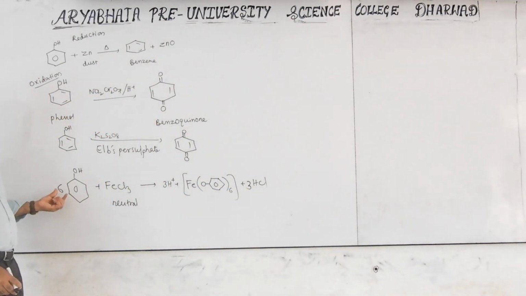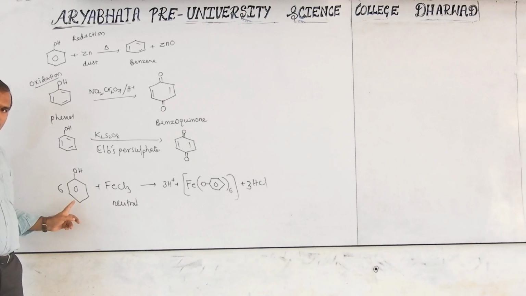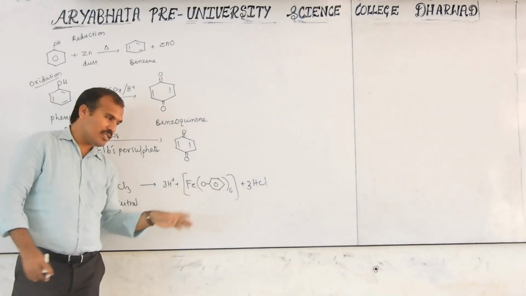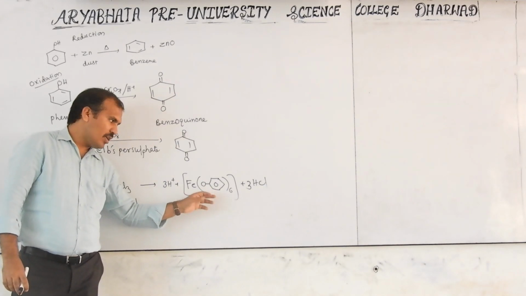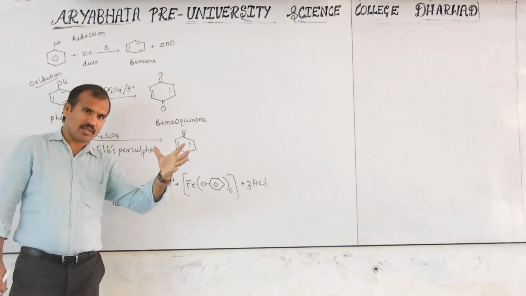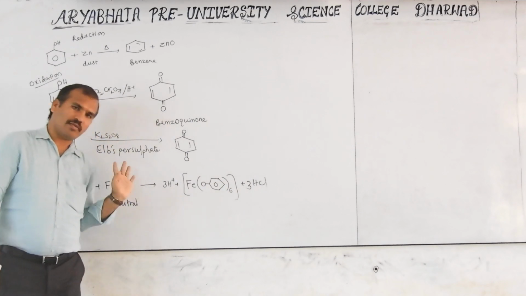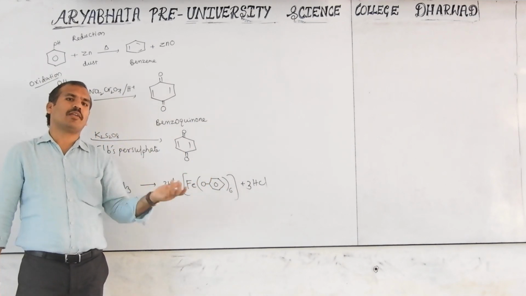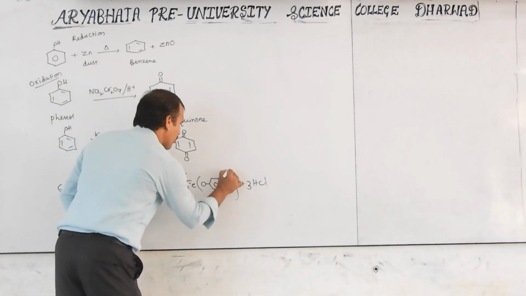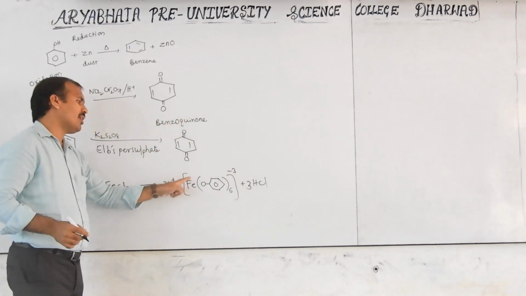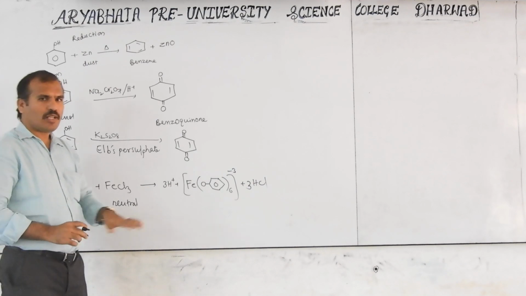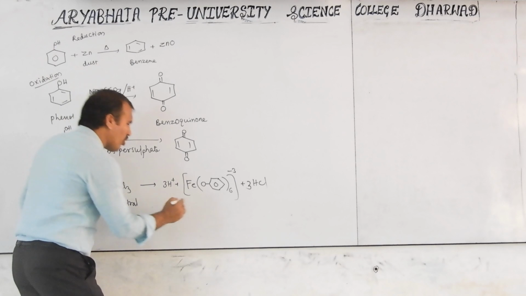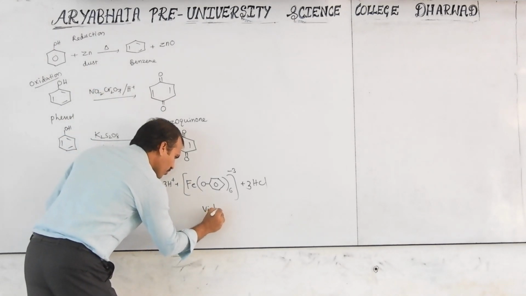So this is a reaction. How many phenols are there? 6. How many are here? 6. It means hydrogen is lost. These phenoxides are negatively charged. So how many hydrogens are lost? 6 hydrogens lost. Here 3 hydrogens, here 3 hydrogens. This is coordination chemistry. You will not understand now. In inorganic chemistry, it is there. And here minus 3. Then only we will get plus 3 charge here. Now we will not understand this as a complex. This is an inorganic reaction. This is violet color or purple color.